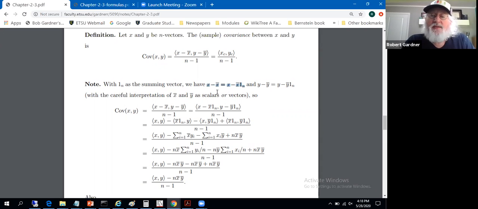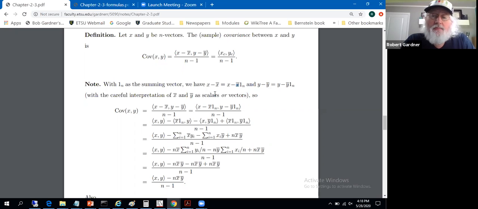We can write x minus x bar, vector x minus, well, the only thing you can subtract from a vector is a vector, so this must be the vector x bar, equals vector x minus x bar times 1 sub n. Well, 1 sub n is a vector, so this x bar, come on now, that little x bar must be a scalar. So we've got a scalar coefficient of a vector.